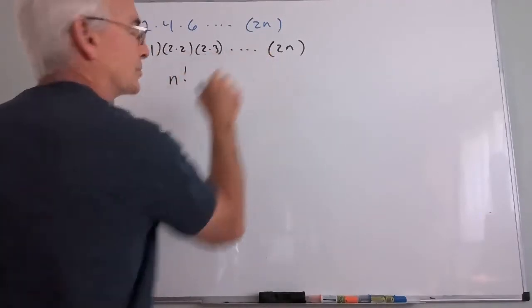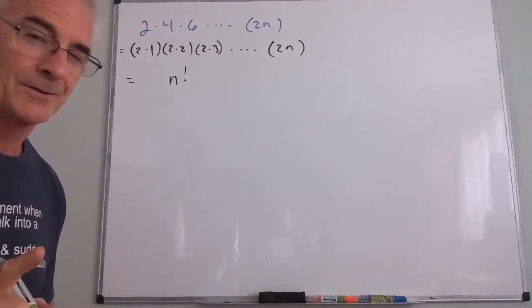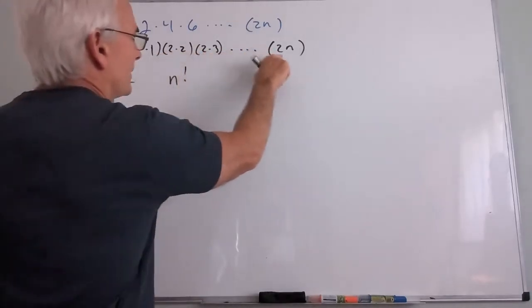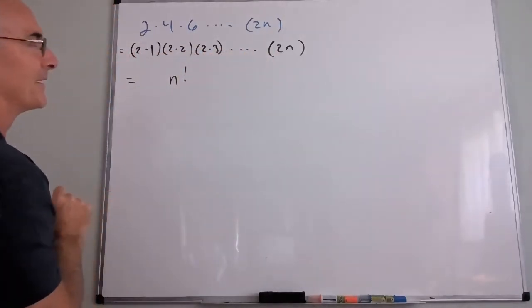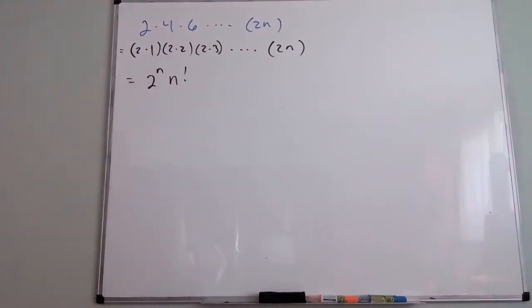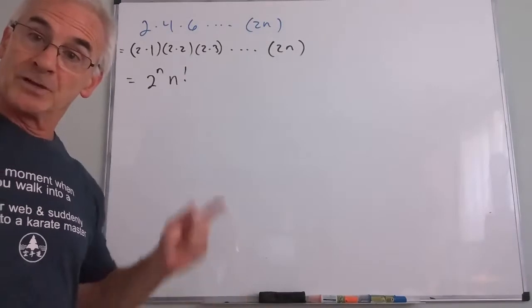Close. 2 times n factorial? 2 times 2n factorial? 2 factorial n factorial? No. How many 2's do you have? N. So 2 to the n factorial. So if I said take the product of the first n positive even integers, the answer is 2 to the n factorial.